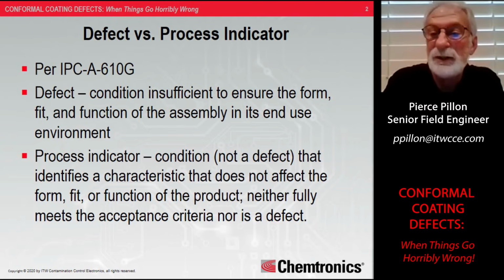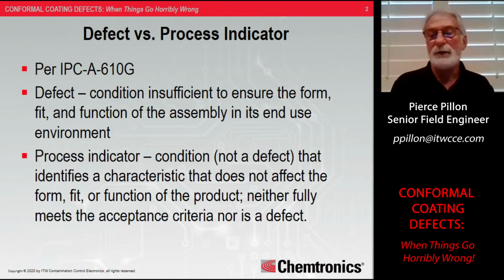It is not a defect. It's a condition that points out a characteristic, but it does not affect the form, fit, or function of that product. And it's important to understand that a process indicator neither fully meets the acceptance criteria, yet it's not a defect. I'll give you a really good example, and we'll see this later on.